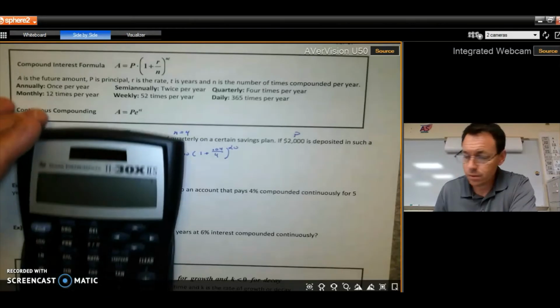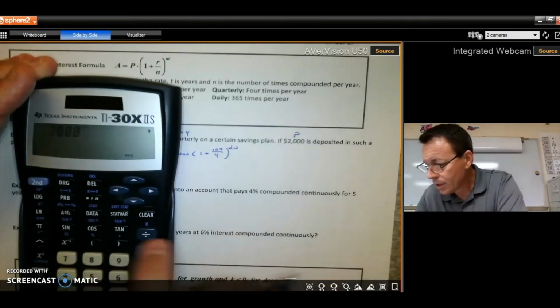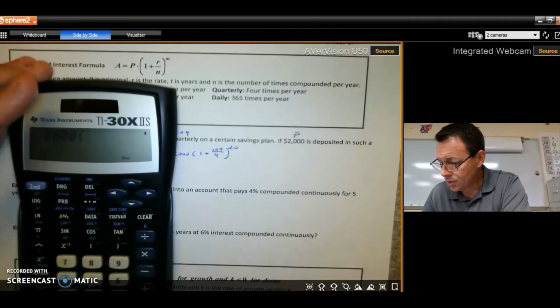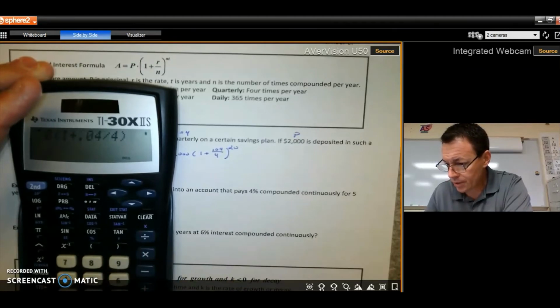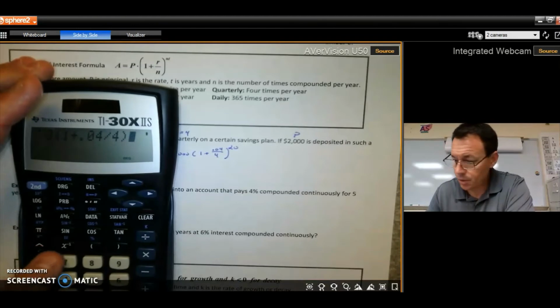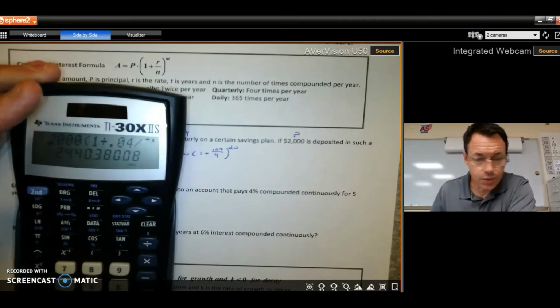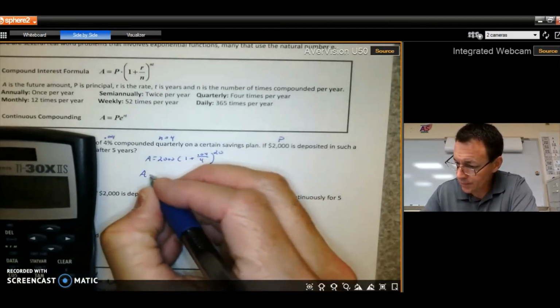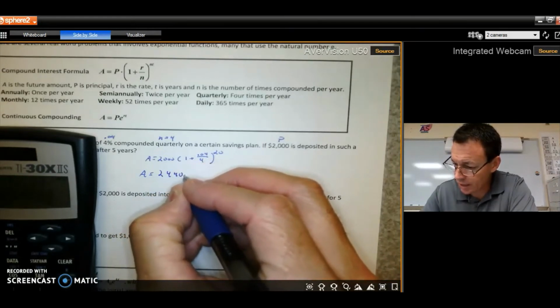But it's just 2,000, parentheses, then 1 plus 0.04 divided by 4, close the parentheses, and then my little exponent button, to the 20th power, and that's it. So my future amount after 5 years will be $2,440.